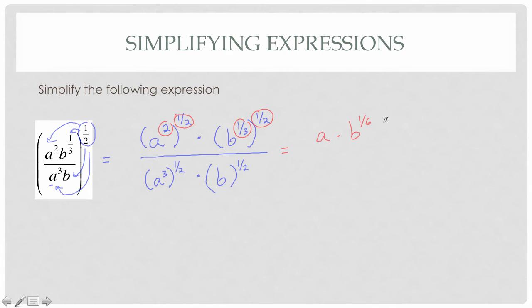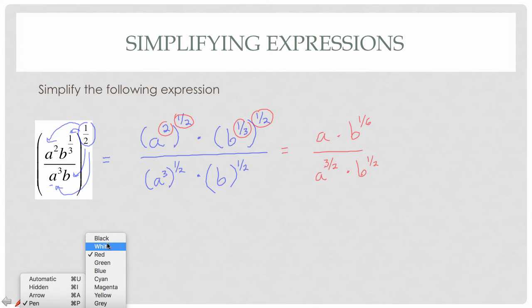So I got a fraction exponent. On the bottom, 3 times 1/2 is going to give me a to the 3/2 power. On the bottom, I've got b to the 1/2 power. There we go. Now let's use our quotient rule.